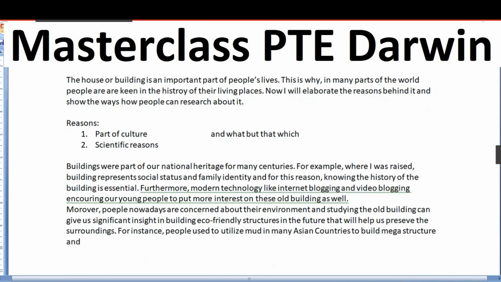That inspired many architects to design buildings with mud-like materials in, suppose, Indonesia.